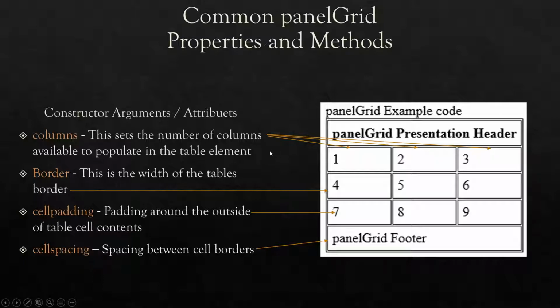So here I've added labels ranging from 1 to 9, and as you add them, you see they fill up in this way. You can specify the border thickness, and that is the width of this black line around all of the cells. The cell padding is the amount of area outside of the cell contents. And the cell spacing is the spacing between these borders here.